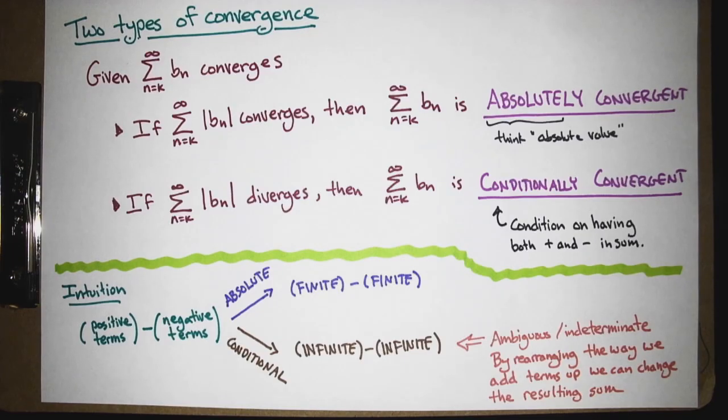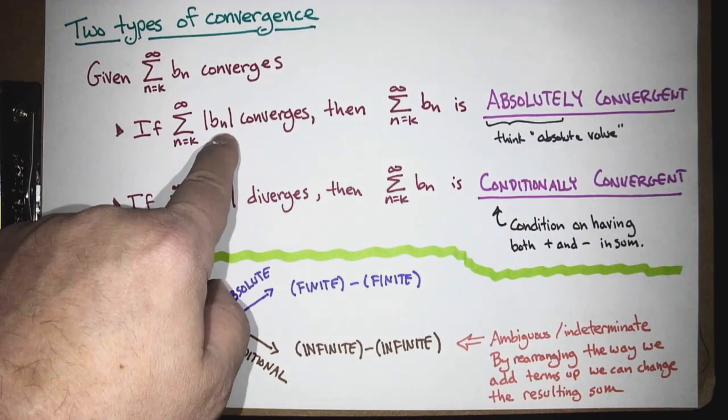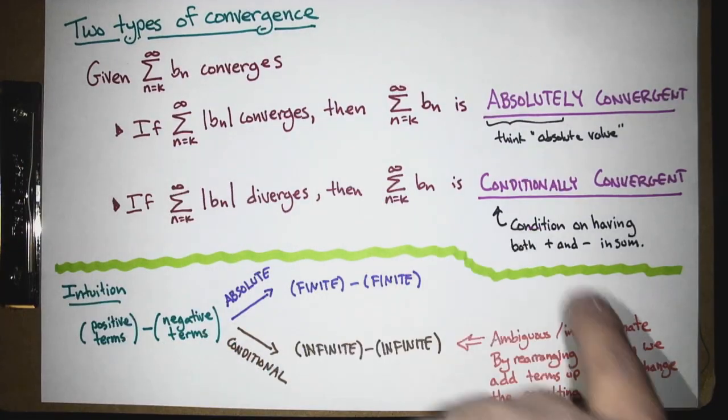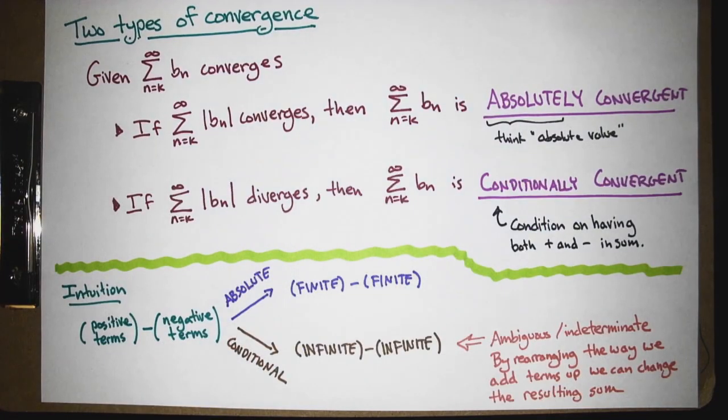If the sum with the absolute value converges, then we say it's absolutely convergent. You can think of absolutely as saying, I can throw in absolute values and it converges. If I have something which converges, but when I throw in the absolute values it diverges, then we say that the sum is conditionally convergent.